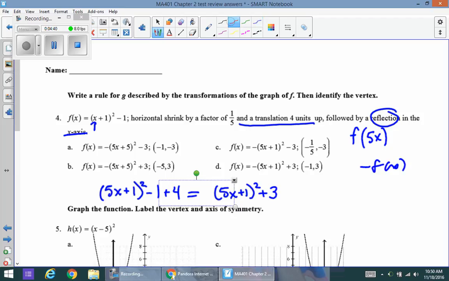So basically what you do is you take this entire function and you put a -1 on the outside. So we should have a negative on the outside and then a -3. And it's not a 5, it's definitely a 1. So a negative on the outside and a -3. It's going to be this choice right here.